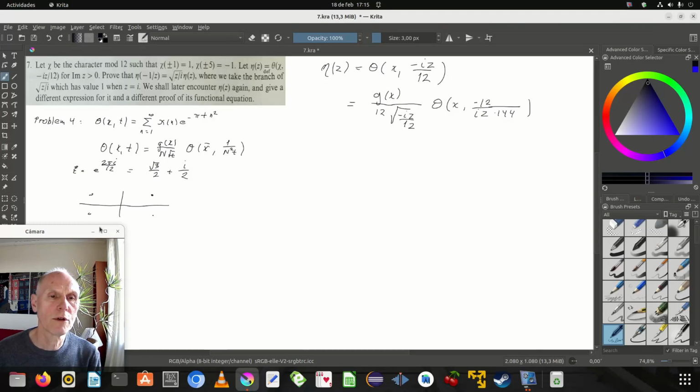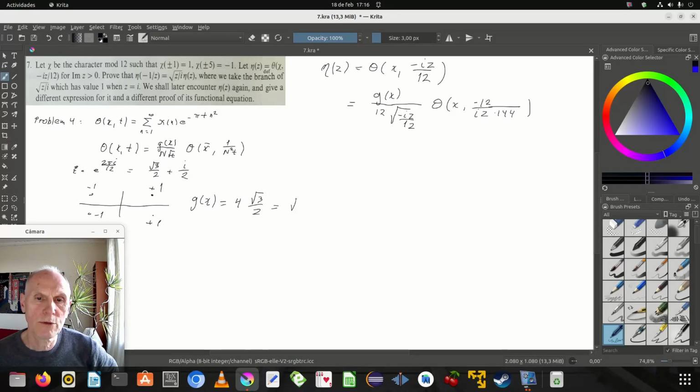I'm going around with the angle of psi. So these are plus 1, and these are minus 1. Four times square root 3 halves.